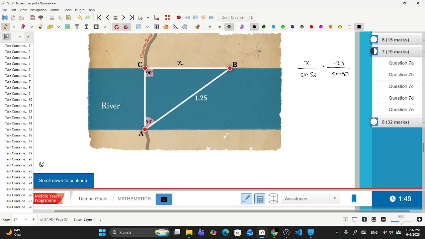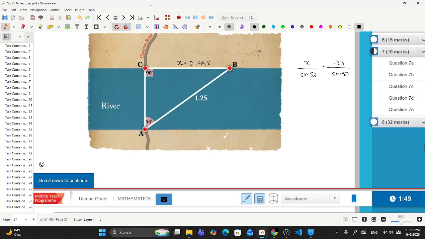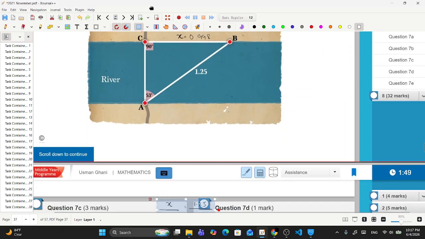So we would get 1.25 multiplied by sine of 53. Yep, that is correct. So 1.25 multiplied by sine of 53, 0.998, I think. So yeah, that would be our method to solve the question.